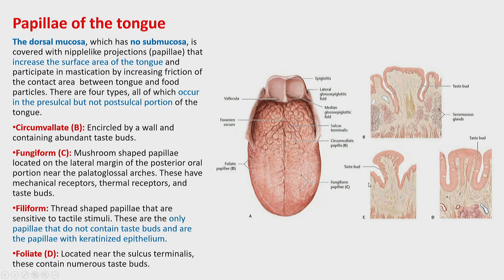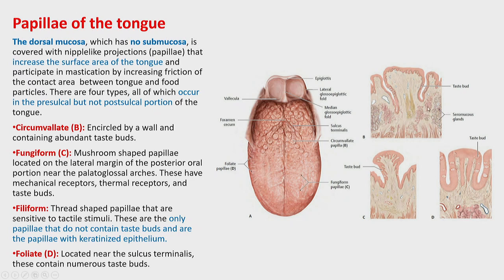As we said, on the dorsal surface of the anterior two-thirds of the tongue you have a lot of papillae. We classify these papillae into four main groups. The first one, which is the biggest and is located exactly in front of the terminal sulcus, is called the circumvallate, or sometimes vallate papilla.